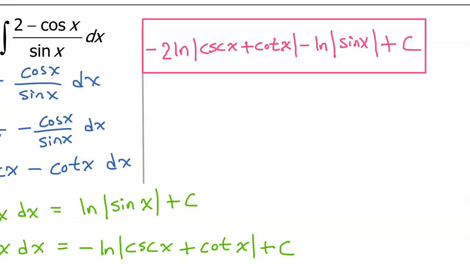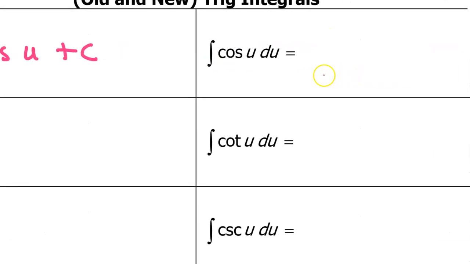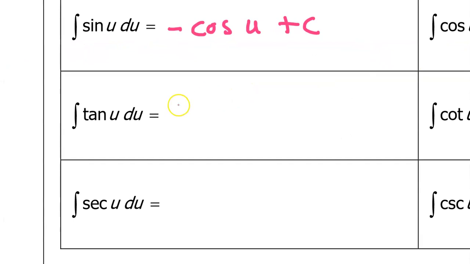So that's how you integrate with trig functions. It really comes down to memorizing kind of a lot of rules. Let's run through these integral rules real quick. The integral of sine is negative cosine, and the integral of cosine is sine. The integral of tangent is negative natural log absolute value of cosine.